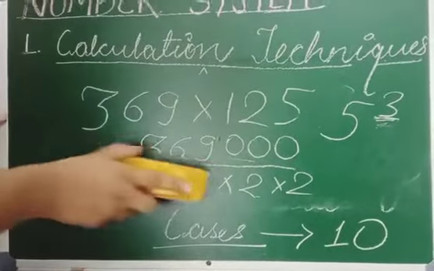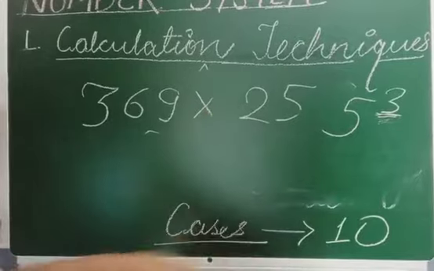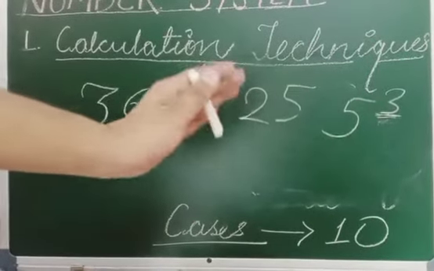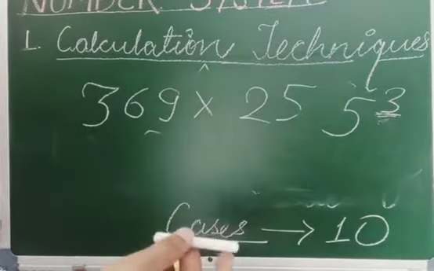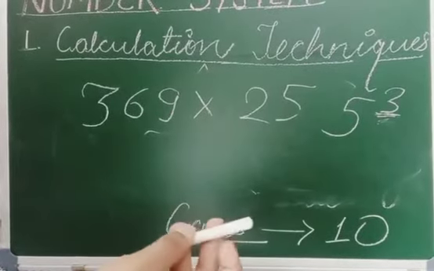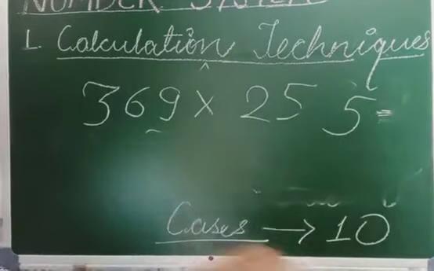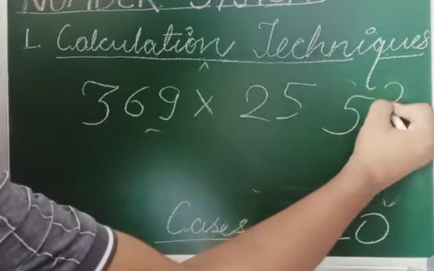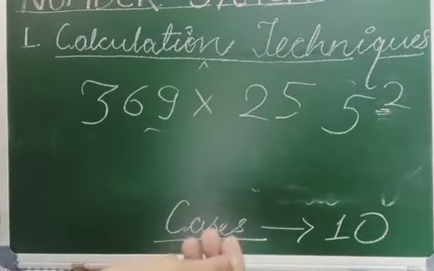Let's take another example. If we have to multiply this number with 25, 25 is the square of 5. So now write here 2, because 25 is 5 to the power 2.